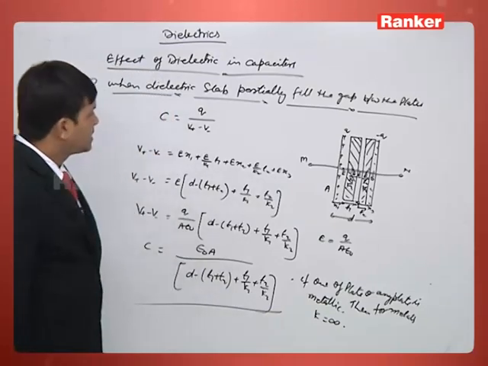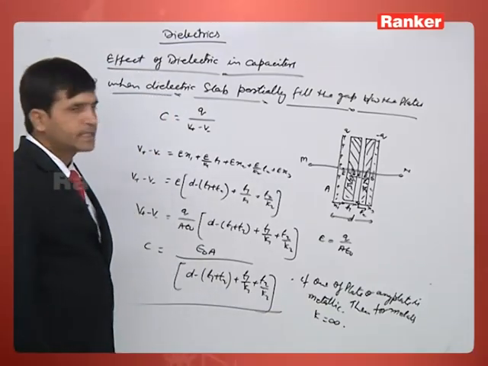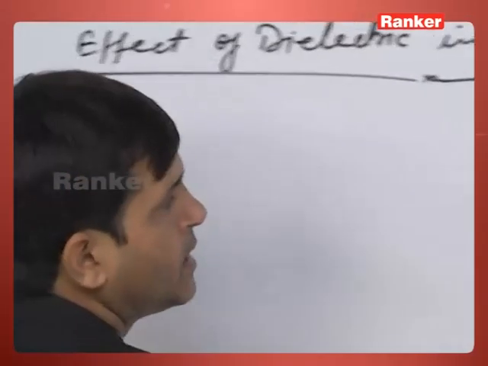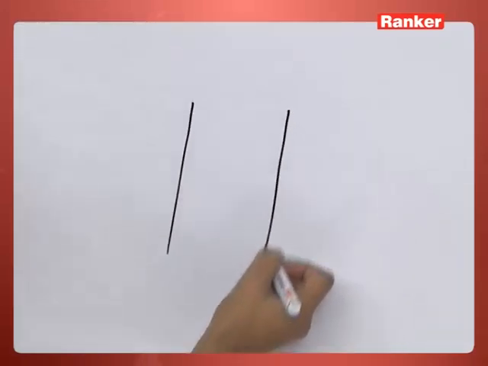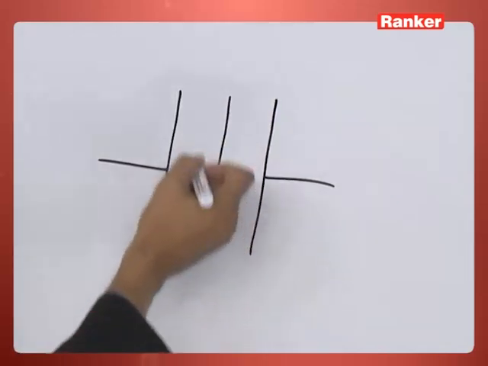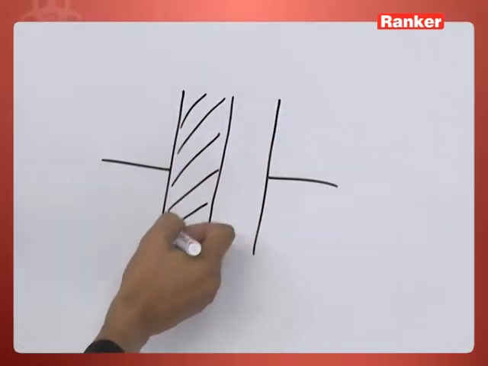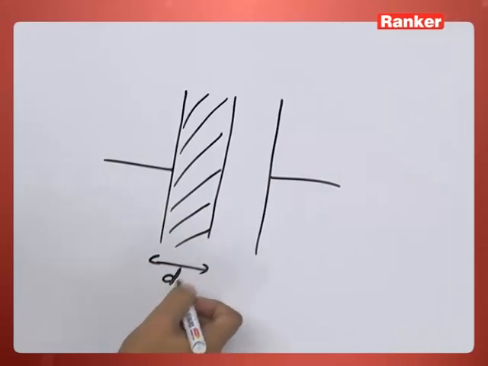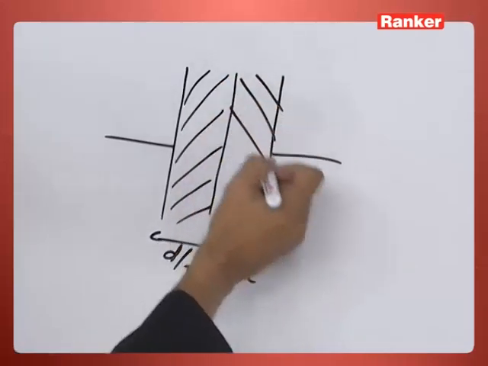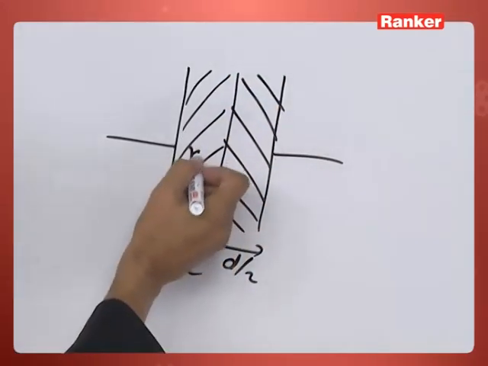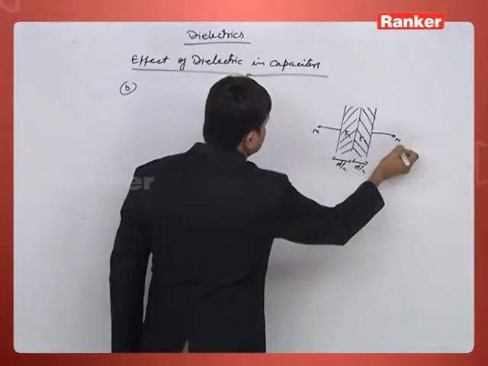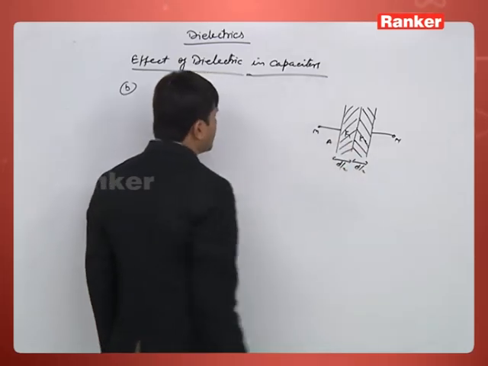Now see another different type of combination. Now, in the second case, let one of the dielectrics fill the gap d by 2 and another also fills d by 2, but they have different dielectric constants K1 and K2, and the question is again what is the equivalent capacitance.